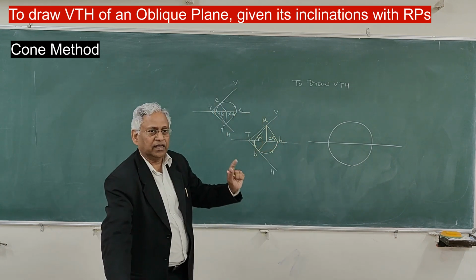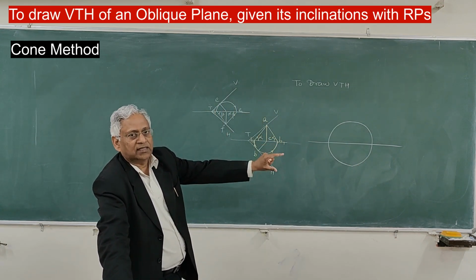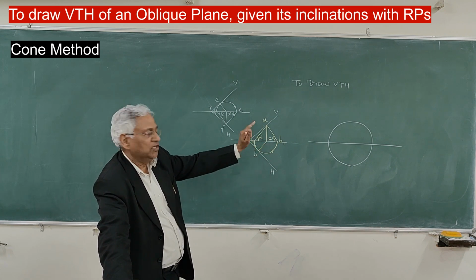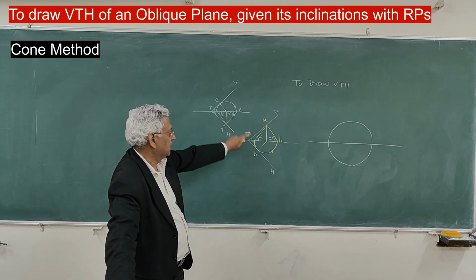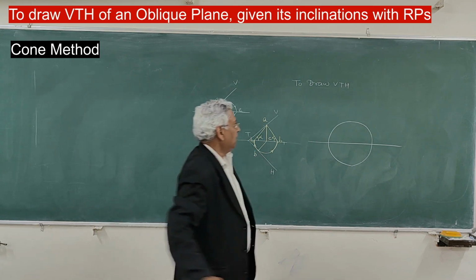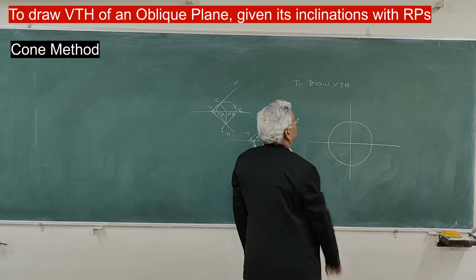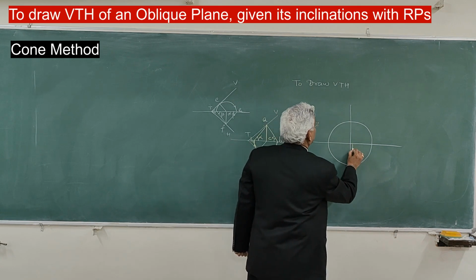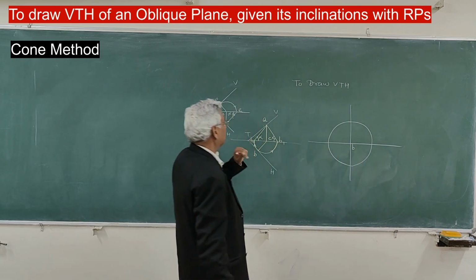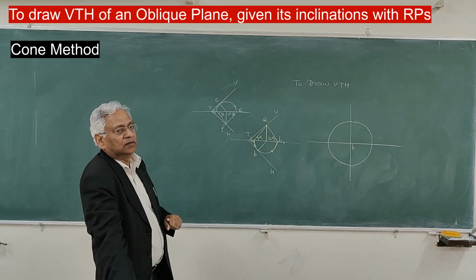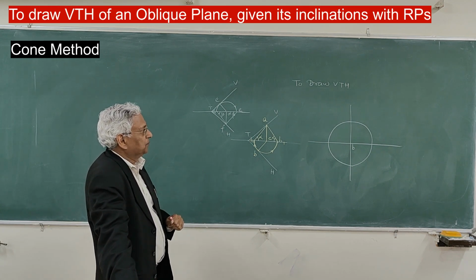Take any point on the ground line and draw a circle of any radius, initially assuming that these two have the same radius. Now, take a diameter of this. Let us say this point is B. You can name it A also.